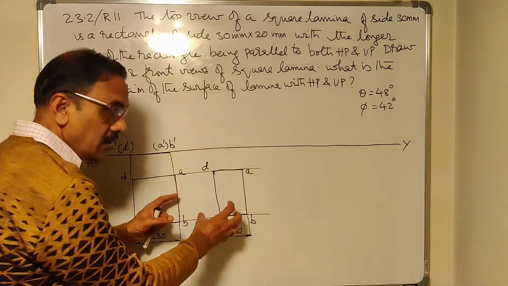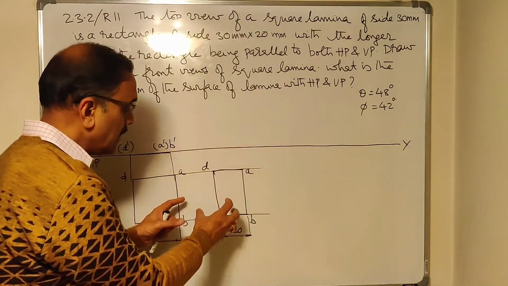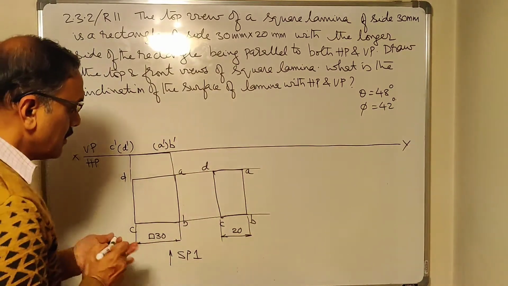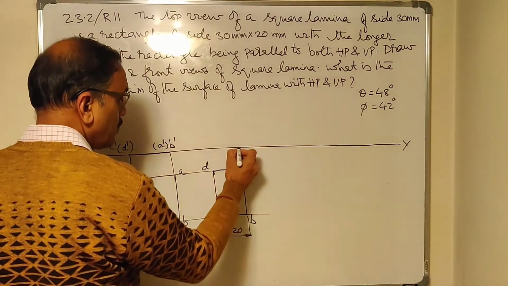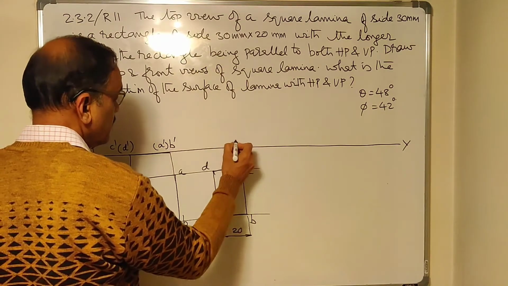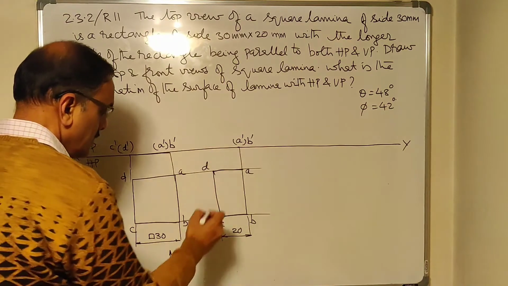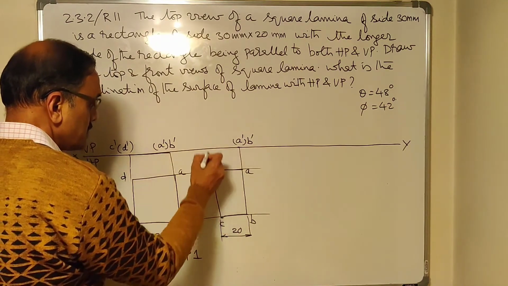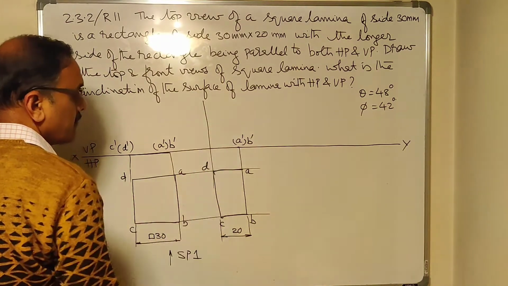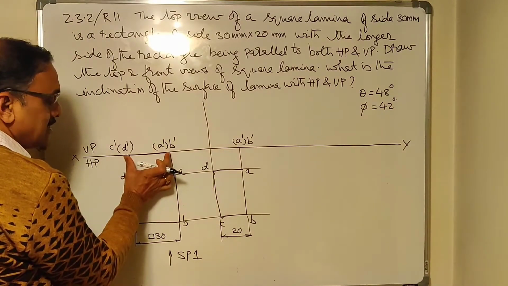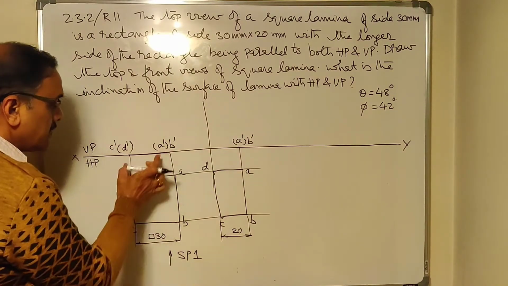So if this is a rectangle of 30 by 20, what is the inclination of the surface with HP I can find. How to find? I am going to take AB on HP only. So A dash B dash should come on XY. Then what you do is just project this CD up like this. Then take this length as a radius. What is this length? It is nothing but 30.